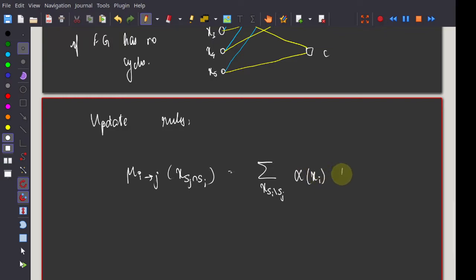Alpha of xi times the product over all the other neighbors l of i, which are in the neighborhood of i but not containing j, of the messages.